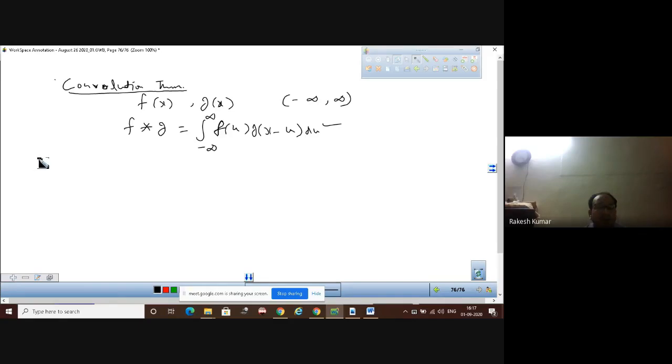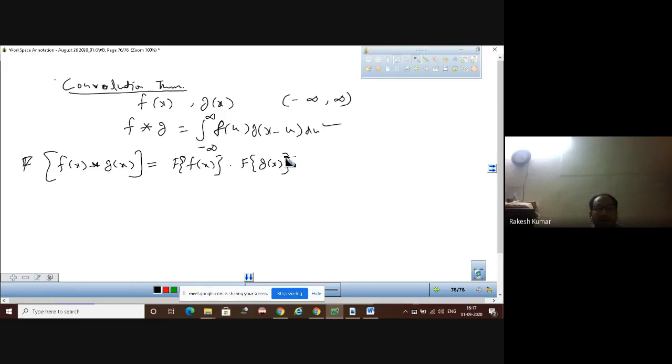Now let us state the theorem. The Fourier transform of the convolution of f and g is equal to the product of the Fourier transform of f(x) and the Fourier transform of g(x).